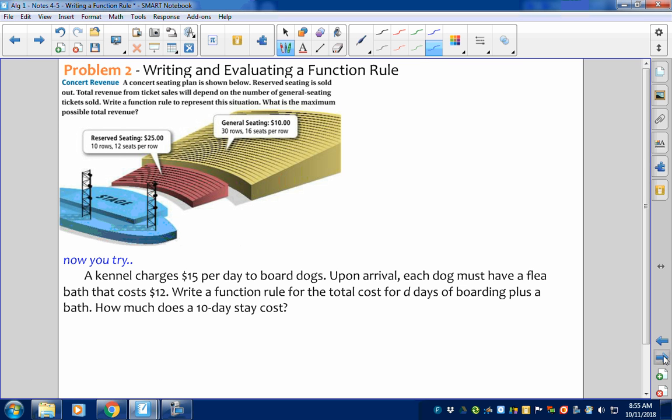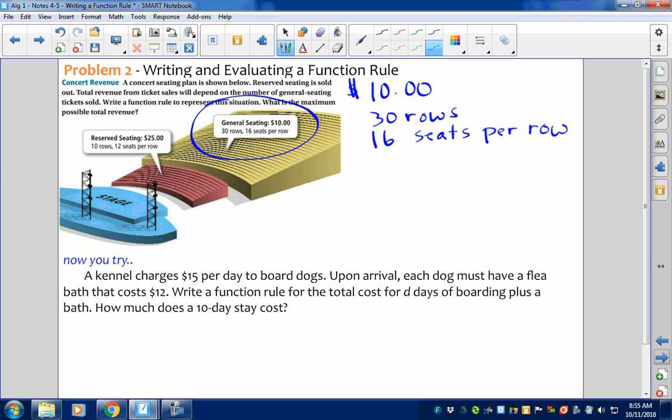So we just have in here, you probably can't see this part. In the general seating, it says it's $10 per ticket, and there are 30 rows and 16 seats per row. So the reserved seating over here, it says it's $25 per ticket. There's 10 rows and 12 seats per row.